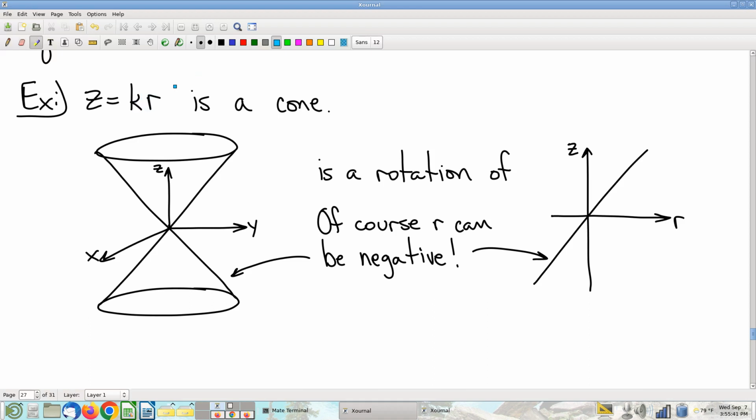So this point here, I can totally choose to view with a negative value of r, where theta is kind of going that way. Negative r and negative z.